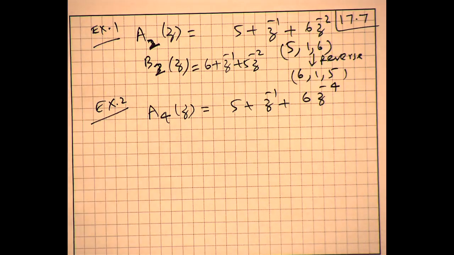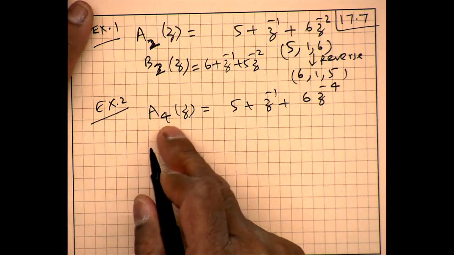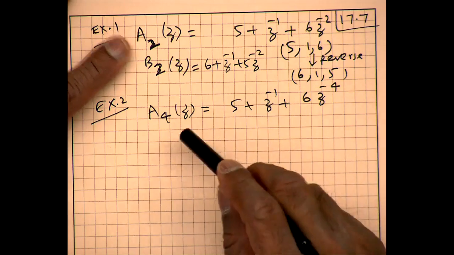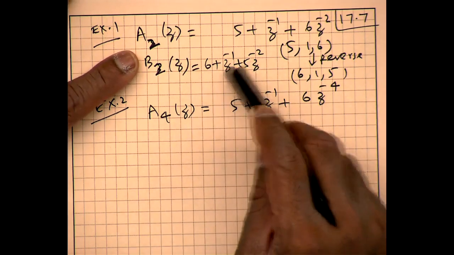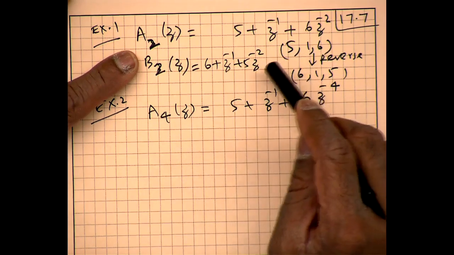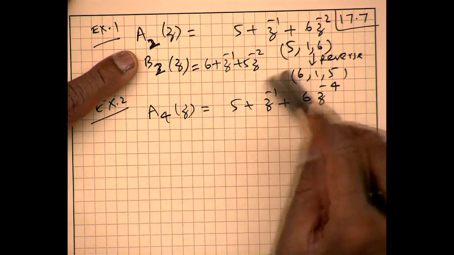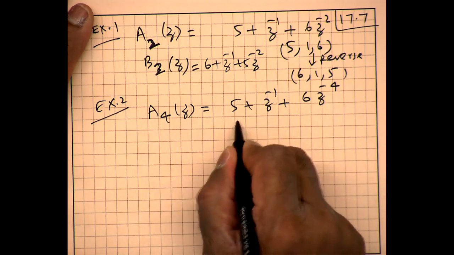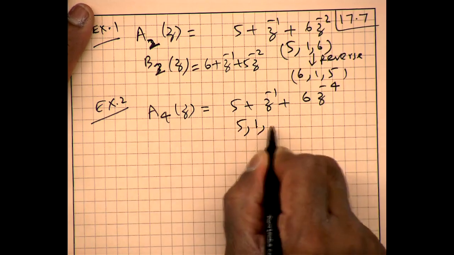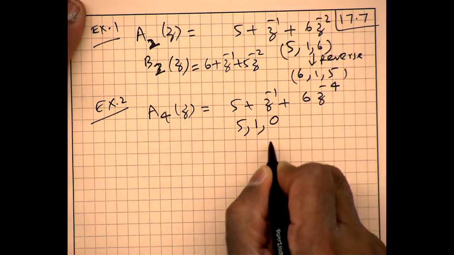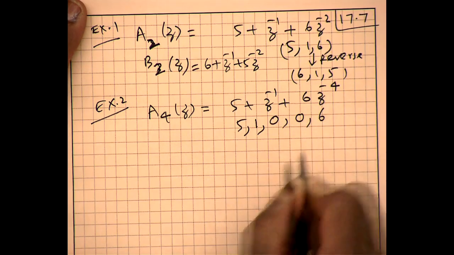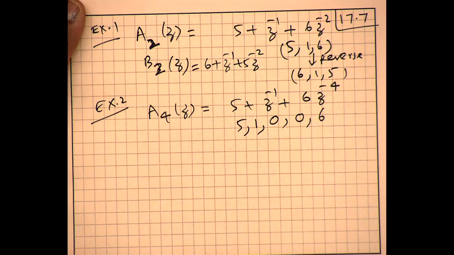So if I write this as like that, now B4, the reverse polynomial, is not 6 plus z to power minus 1 plus 5z to power minus 4. Why is that? Well, the coefficients here are 5, 1, coefficient of z to power minus 2 is 0, coefficient of z to power minus 3 is 0, coefficient of z to power minus 4 is 6.